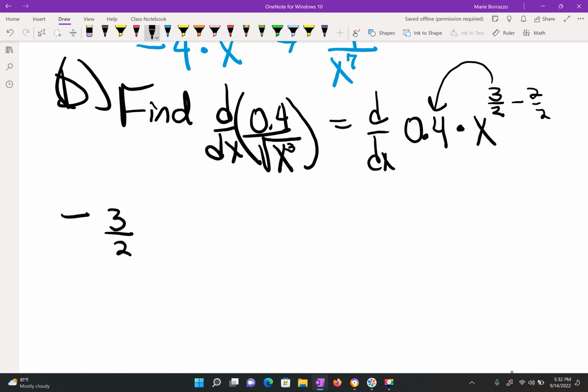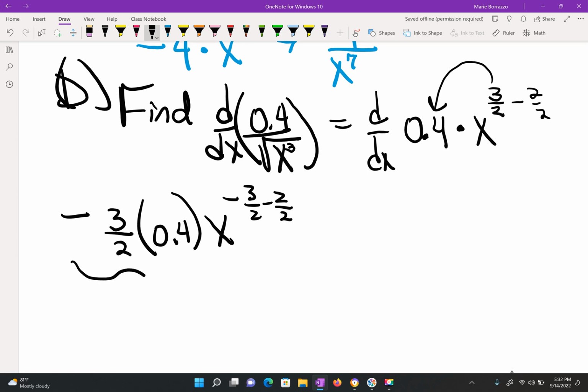-3/2 times the 0.4 x to the -3/2 minus 2/2. So technically this is 3 times 0.4, which will give you 1.2, divided by 2 is 0.6.